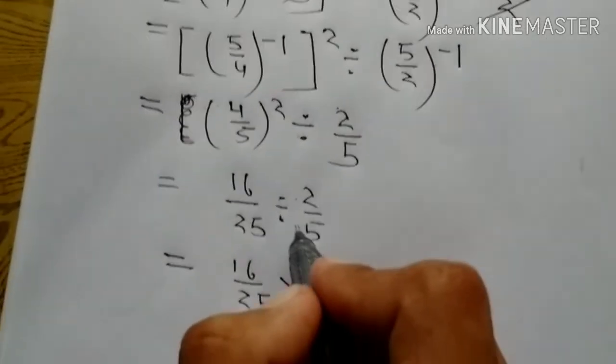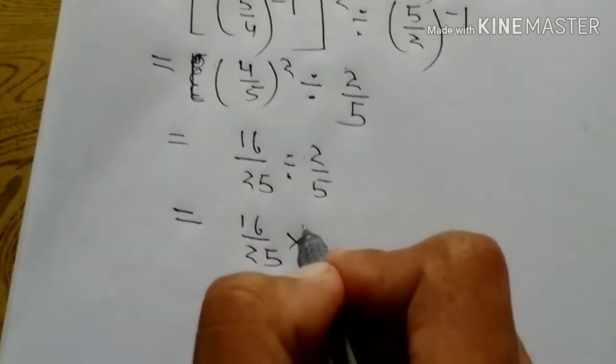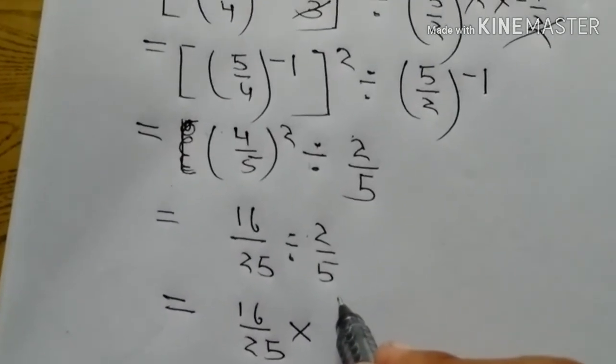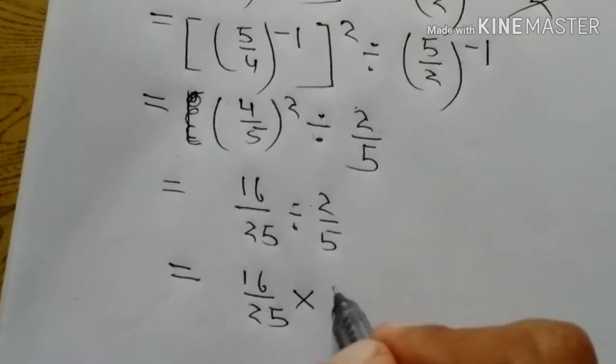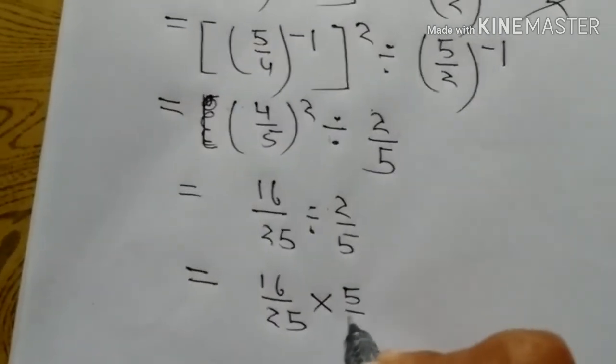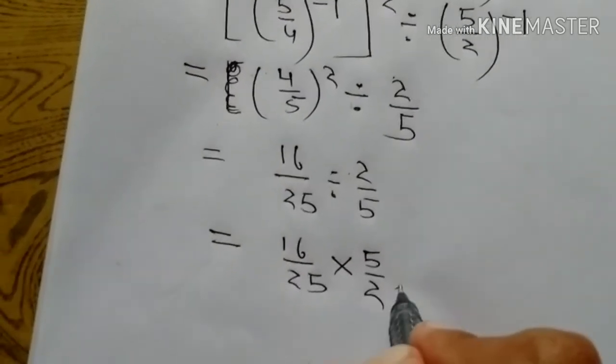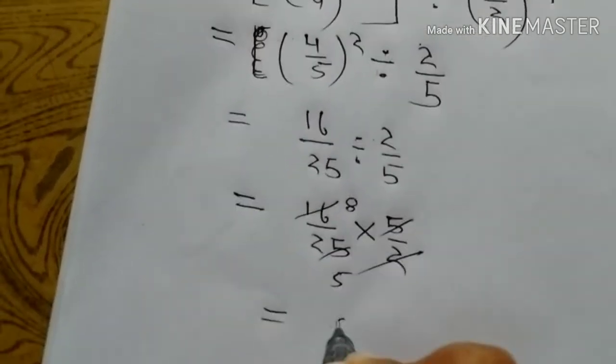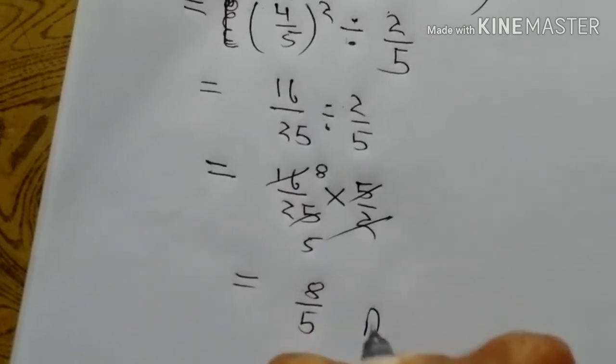If we convert this divide into multiply, we have to change the place of numerator and denominator of the number beside this sign. So what we can do is cancel with the 8 and this with the 5, so we got the answer 8 by 5.